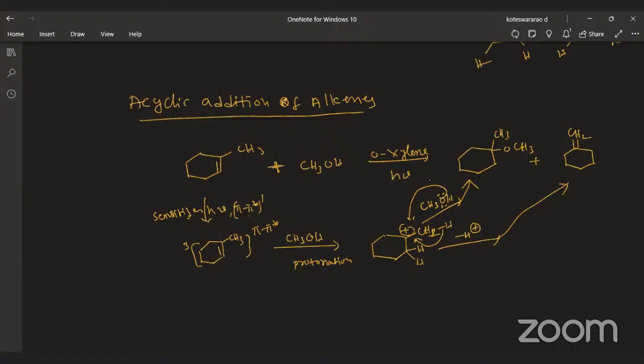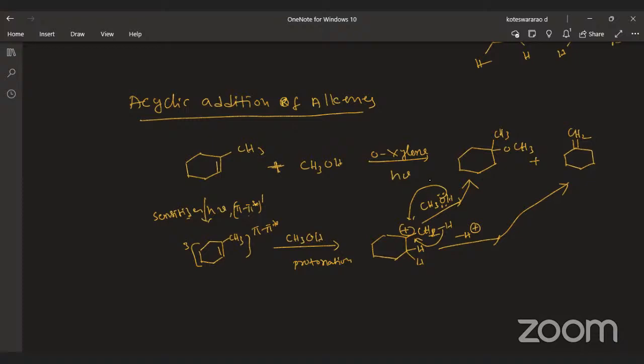Alcohols, carboxylic acids, and water undergoing photoaddition with carbon-carbon double bonds have been reported in several studies. Cyclohexene and cycloheptene, which cannot undergo cis-trans isomerization due to the small ring size, undergo photoaddition reactions with alcohols, carboxylic acids, and water.